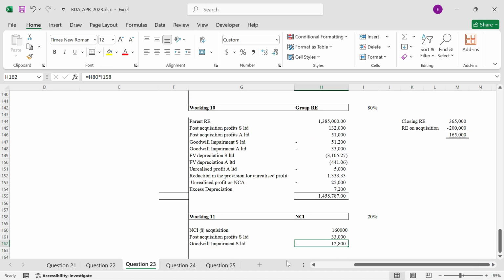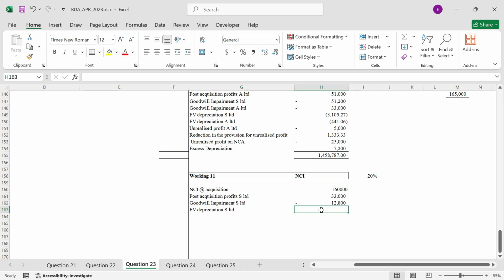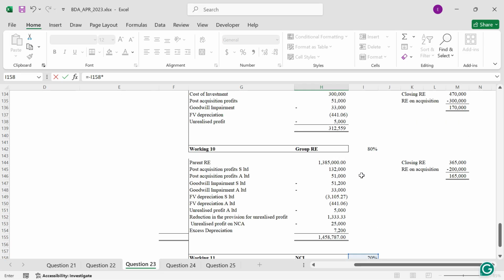Then, more than that, I have next thing that is fair value depreciation. Again, equal minus 20% of the fair value depreciation.